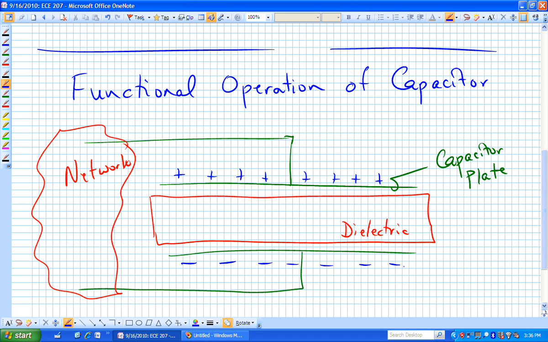But now that we have this separation of charge, that leads to an electric field, E, between these plates.